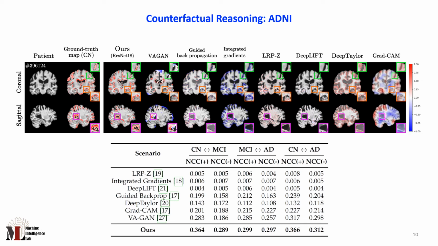Unlike other comparison methods, the explanation map of our proposed method shows the intensity and localization most similar to the ground truth map, and the comparison of quantitative evaluation using normalized cross-correlation scores also achieved good performance.